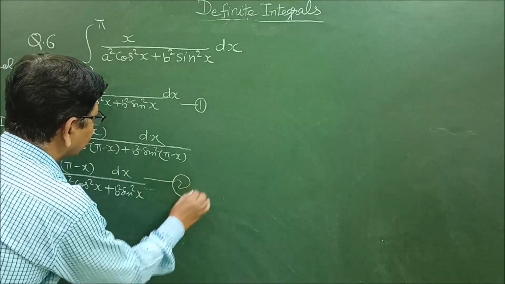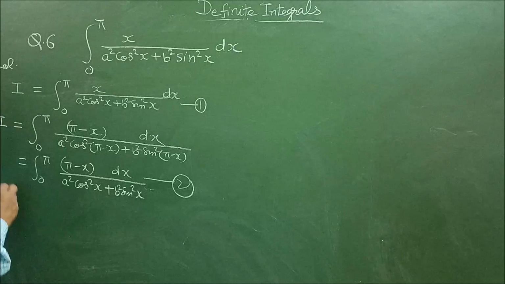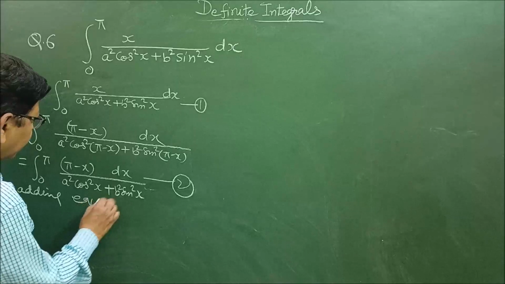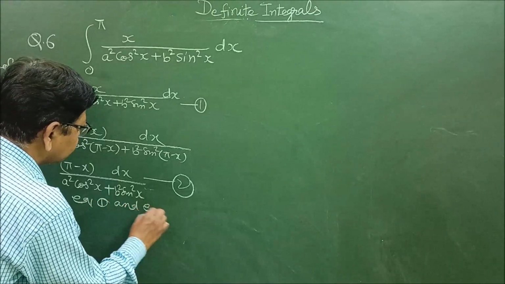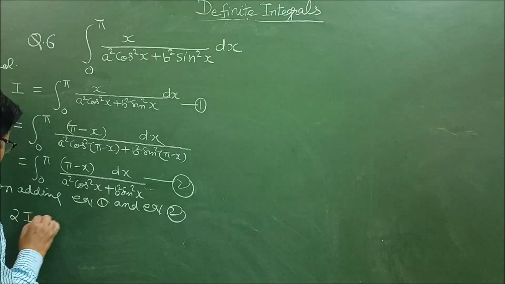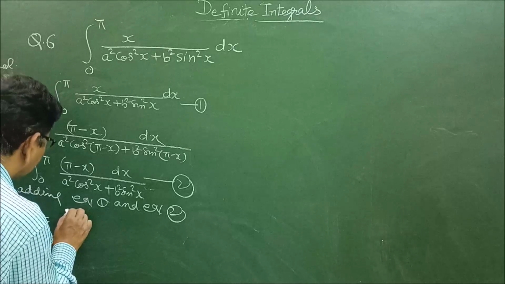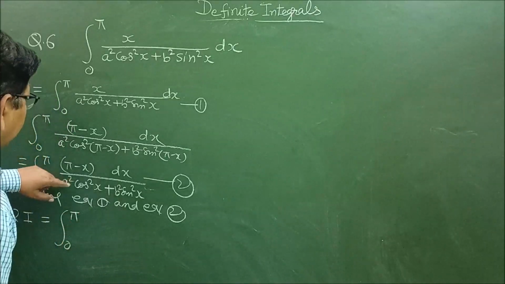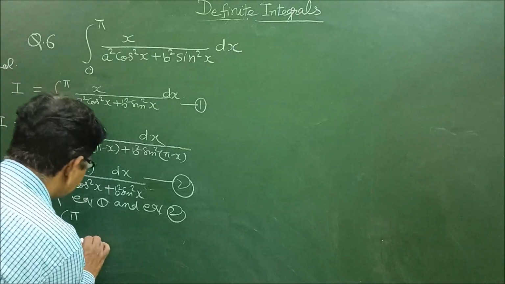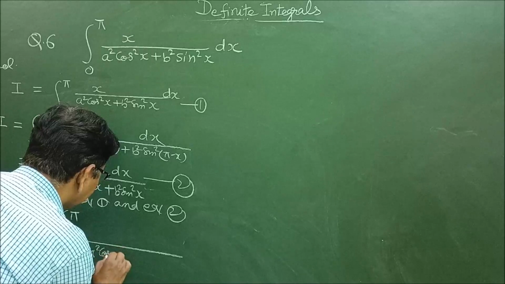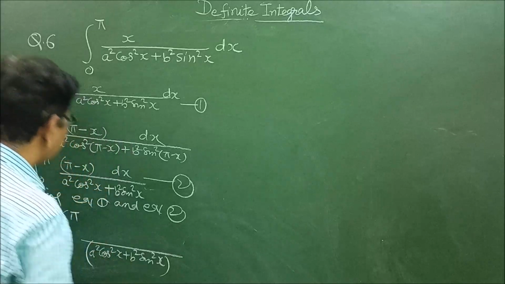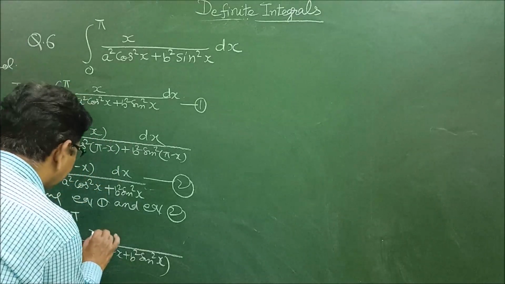This is number 2. Now we add these two equations, first and second. On the left hand side we get I plus I, which is 2I. On the right hand side, from 0 to pi, the denominator is the same in both equations, so taking the denominator as a square cos square x plus b square sin square x, in the numerator we have x plus pi minus x.